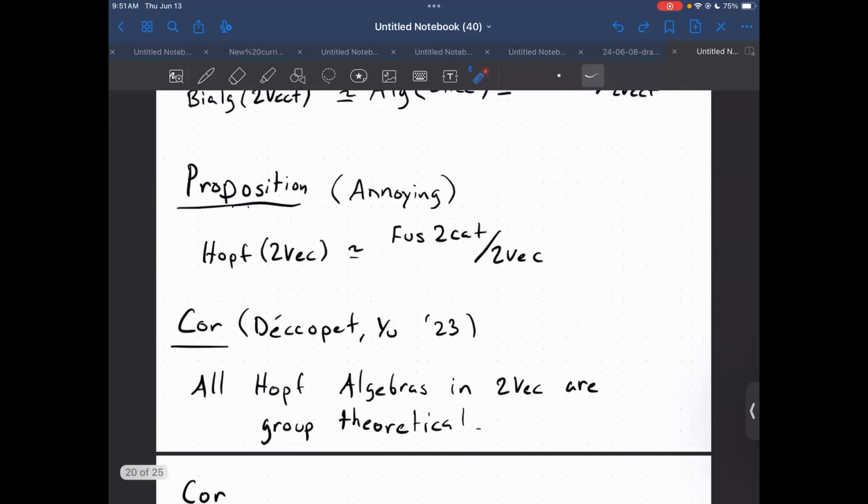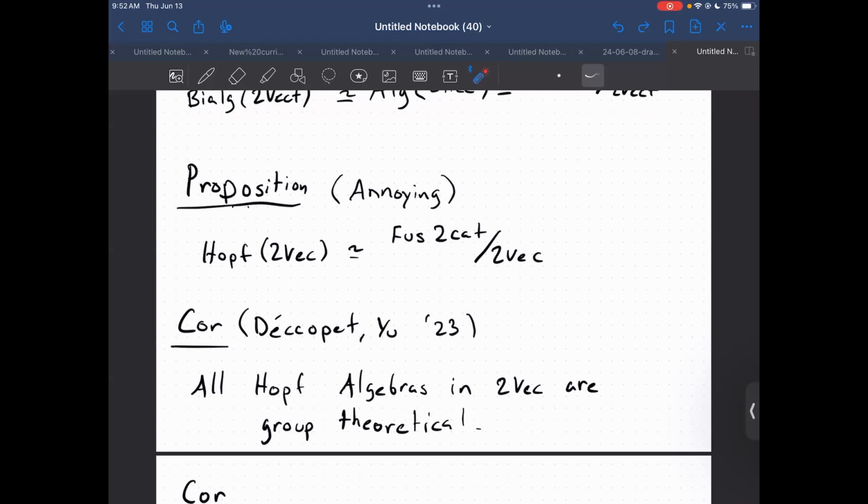Okay, and now something strange, interesting, potentially disappointing happens. So in the case of 2Vec, Thibault and his collaborator Matthew actually classified all fusion 2-categories that admit a fiber functor to 2Vec.